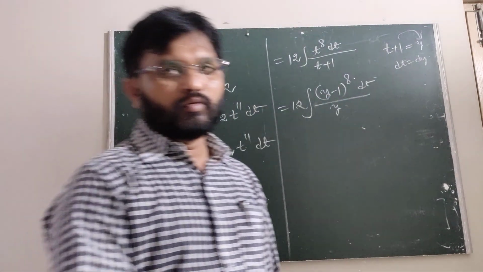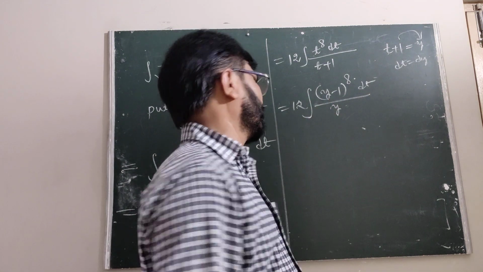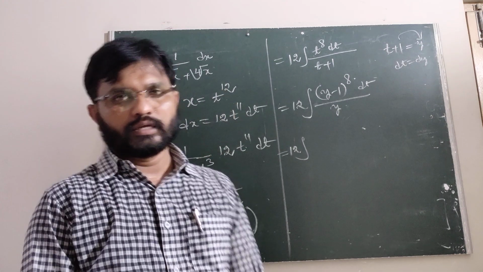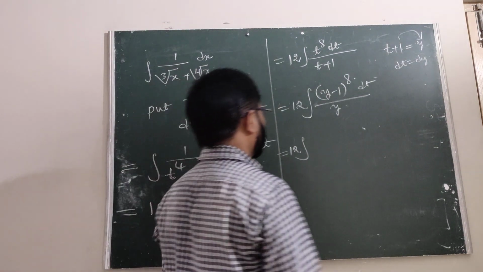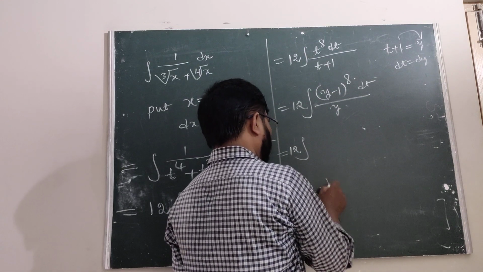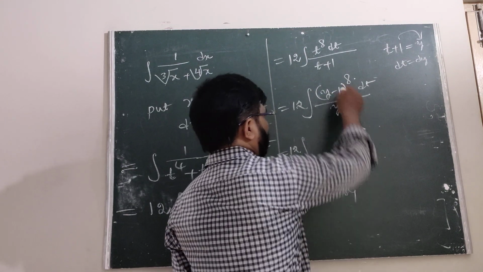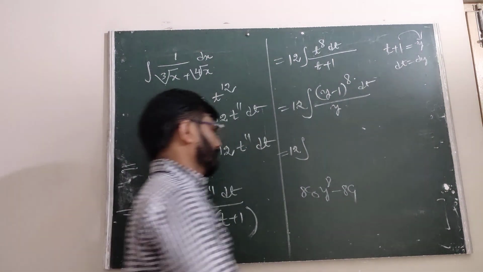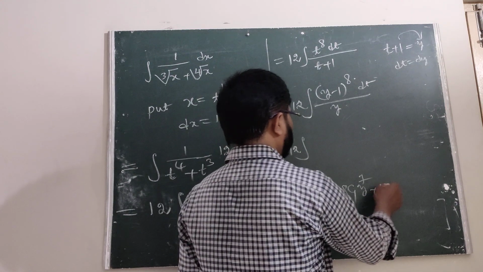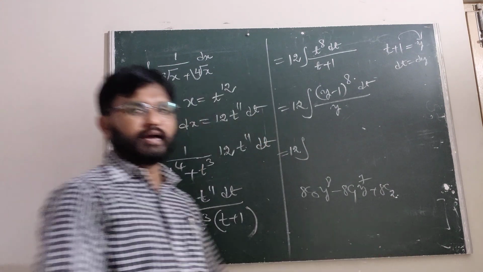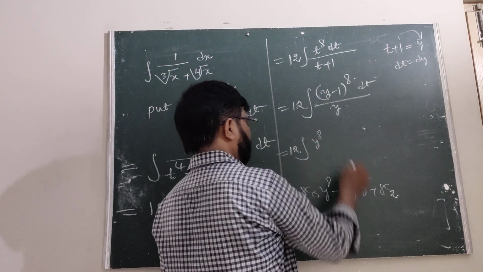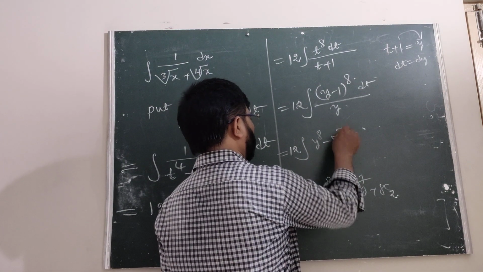Now we can apply the binomial expansion. This is y minus 1 whole power 8. How to write this one? 12 into 8c0 y power 8, plus or minus, 8c1 y power 7, after that 8c2 and so on. We have to find 8c0, which is 1, y power 8. 8c1 is 8, y power 7.